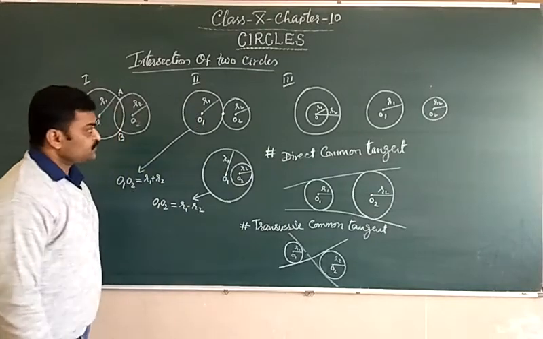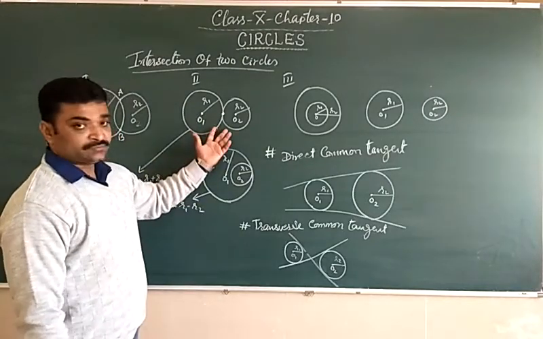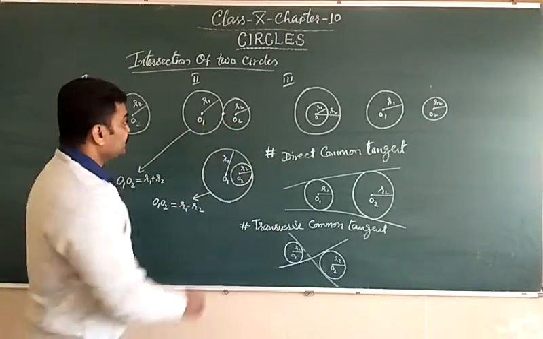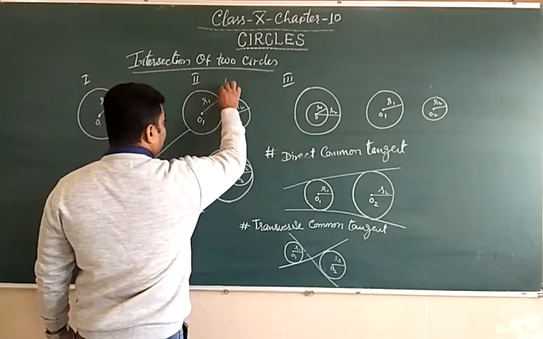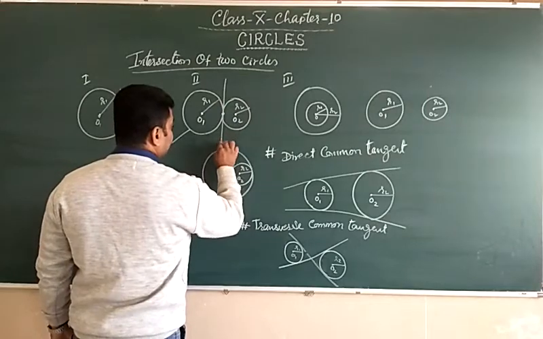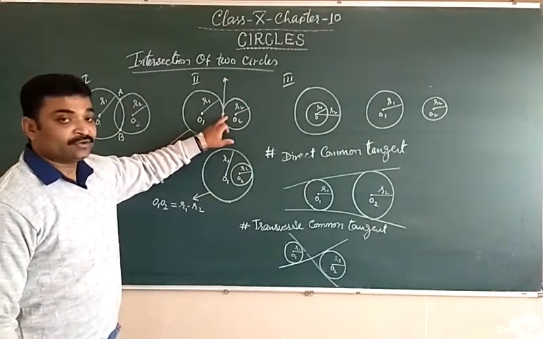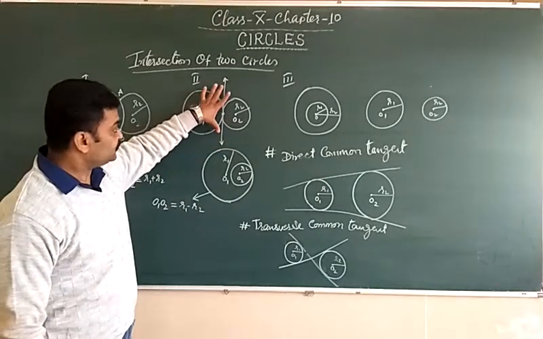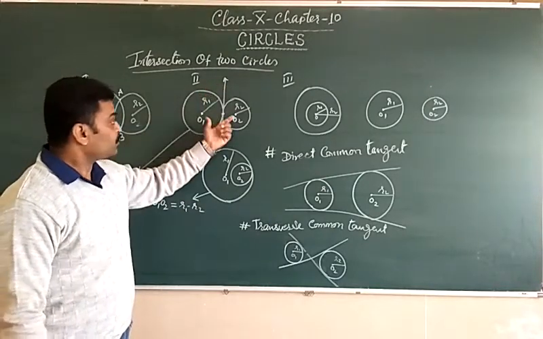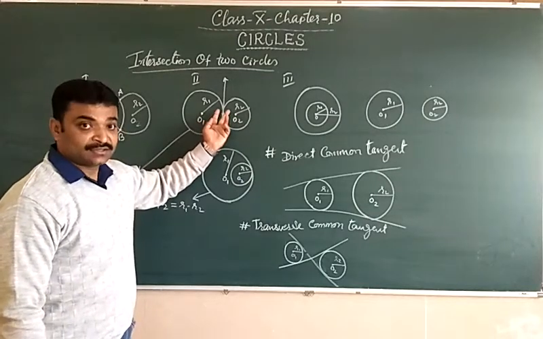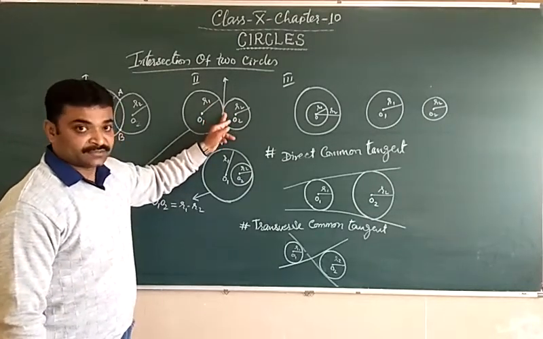Students, see here, two circles touch externally, then we can draw a common tangent through the point of contact. That means this tangent is common for both the circles when they intersect externally.